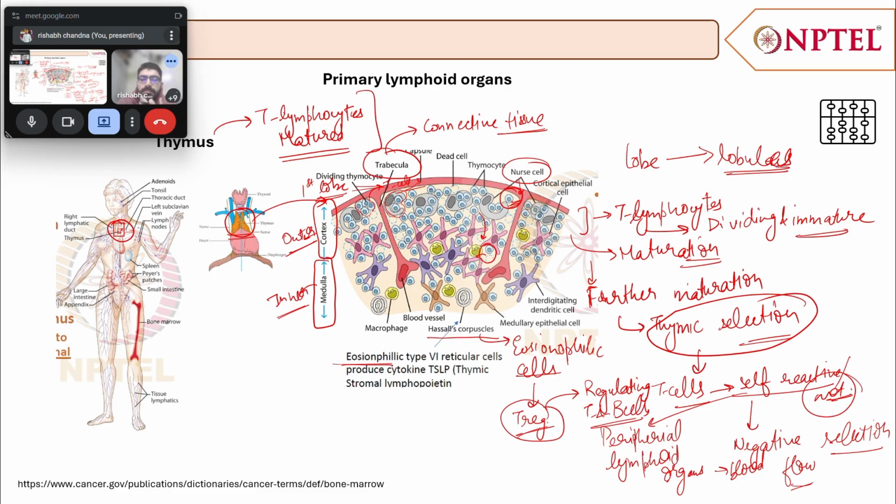In the thymus, around 80 to 90% of the T cells actually die because of this thymic selection. The remaining 10 to 20% go to the peripheral lymphoid organs for their further differentiation.